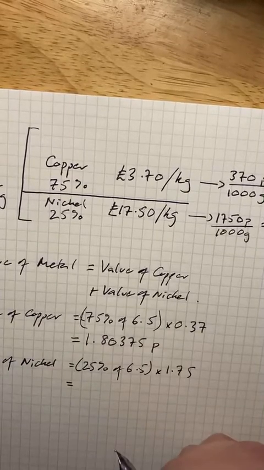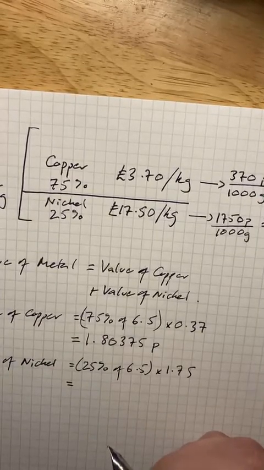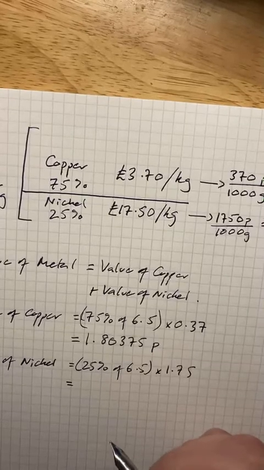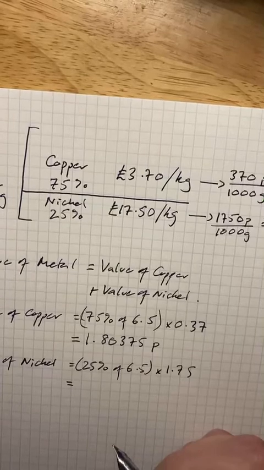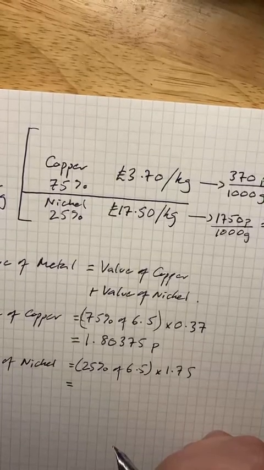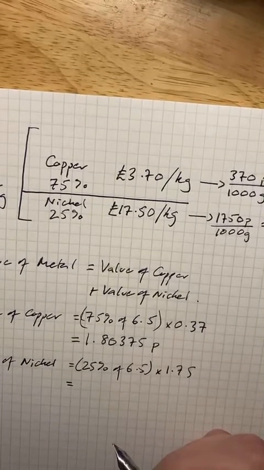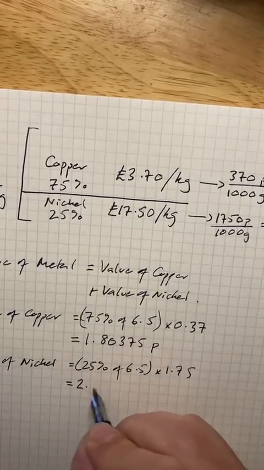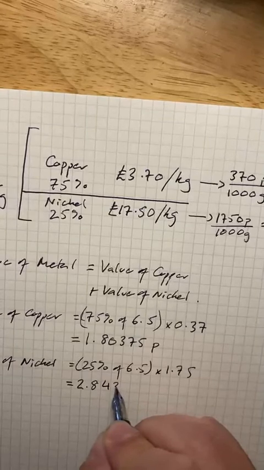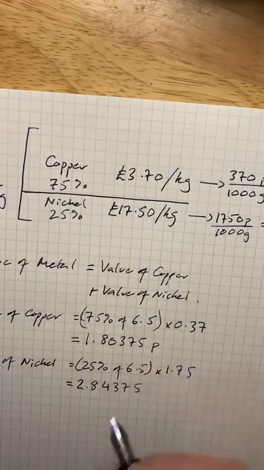We want 0.25 times 6.5 times 1.75, which is 2.84375. So we add them together.